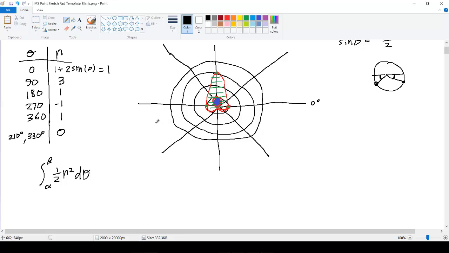Alright, let's think about those limits first of all. Let's look at the small loop. Now we know the small loop starts at r equals 0. Based on the direction this is going, it starts at 210, and then you make your way all the way around the small loop until you get to 330.